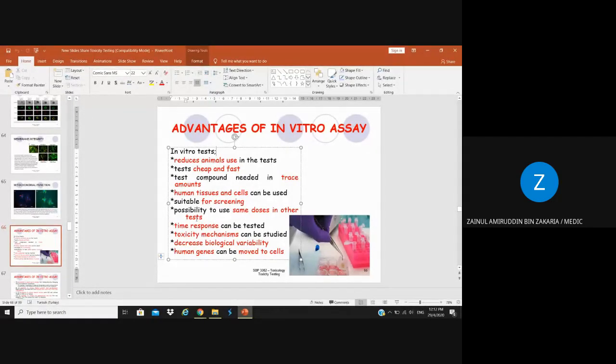So let's say you found out that your compound can kill colon cancer cells at 20 microgram per mil. You can use that 20 microgram per mil, or the range that you used for the colon cancer test, for other cancer cells, lung cancer cells, and so on.